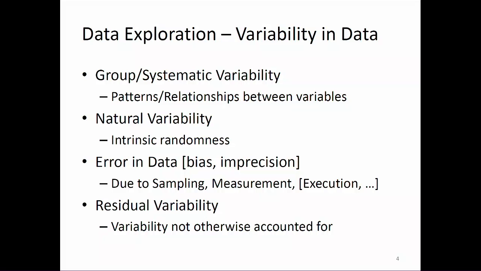There's always error in data. This comes back partly to data quality, and partly to the method of collection of the data in the first place, which feeds into data quality. So this might be imprecision, right?